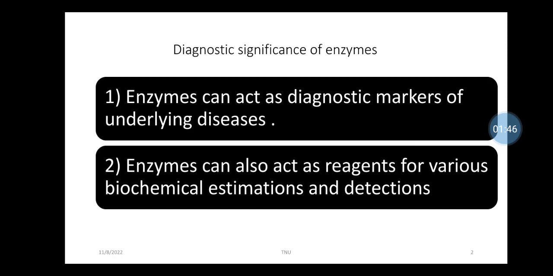So there are two diagnostic significance of the enzymes. Enzymes here we consider as a diagnostic marker, and secondly, enzymes here can be used as a reagent also for detection of some biomolecules in the given sample.